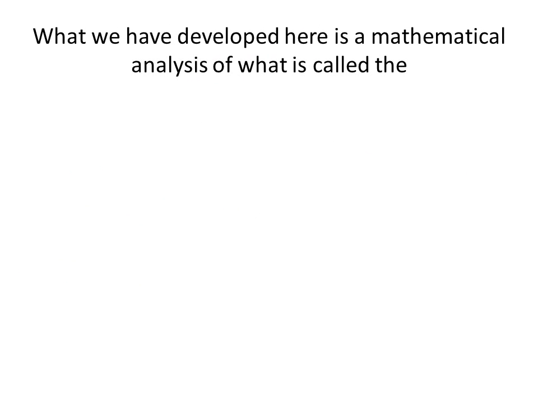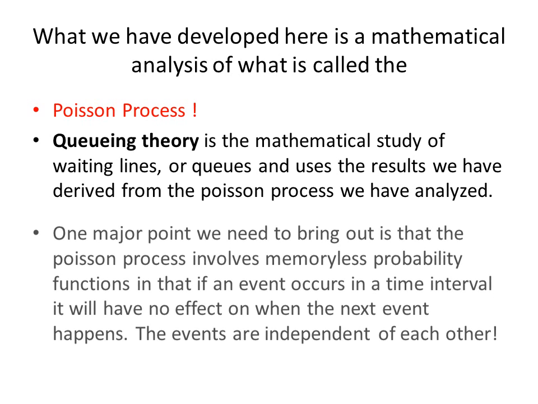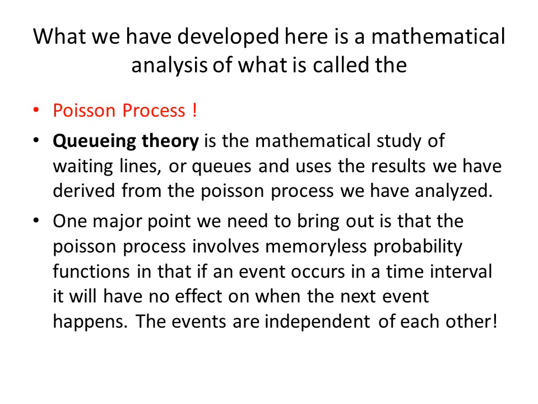What we've developed here is a mathematical analysis of what is called the Poisson process. Queuing theory is a mathematical study of waiting lines, or queues, using the results that we have determined and derived here. A major point that we need to bring out is that the Poisson process involves memoryless probability functions.